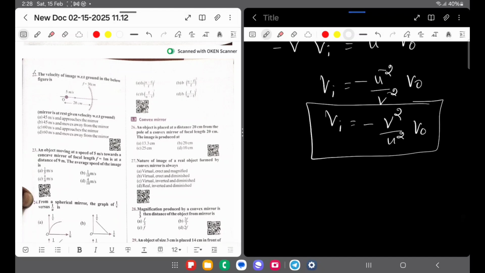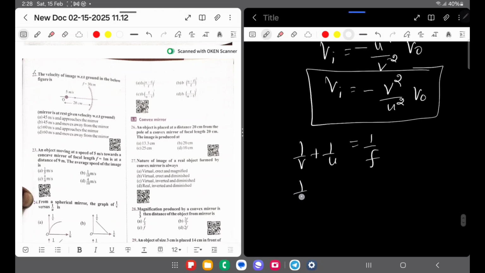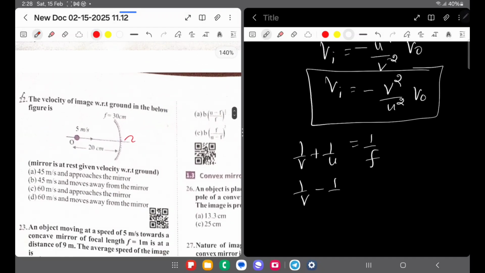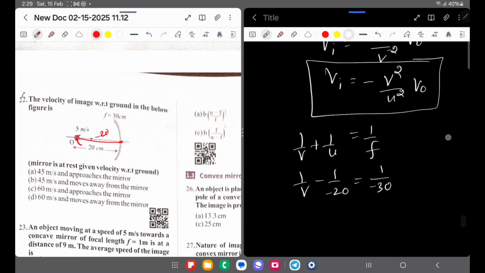Right now, we should get the image position first to use this formula. For that purpose I am using the mirror equation, 1 by v plus 1 by u equals 1 by f. The object is located on this side, so this distance is negative as per our sign convention: u is minus 20, and the focal length is also negative for a concave mirror.